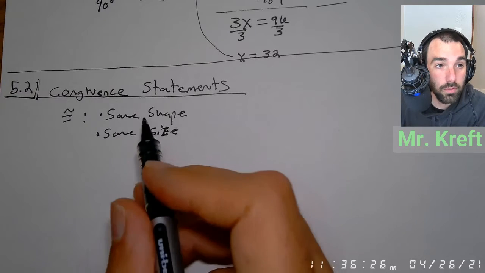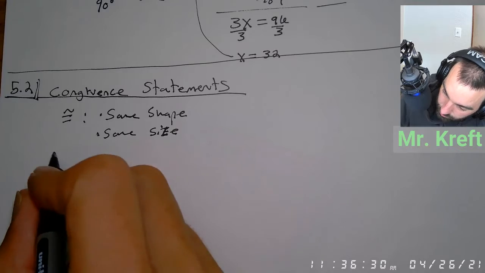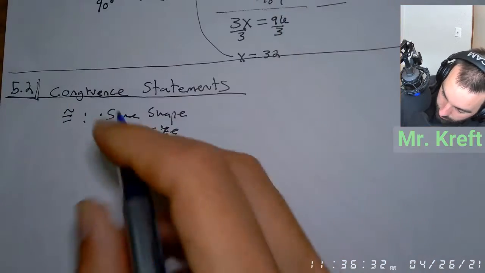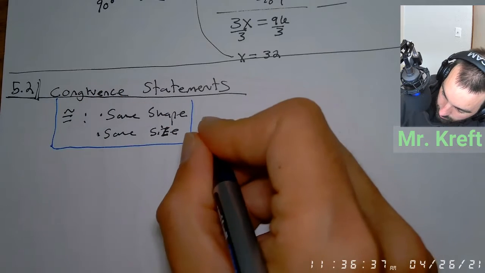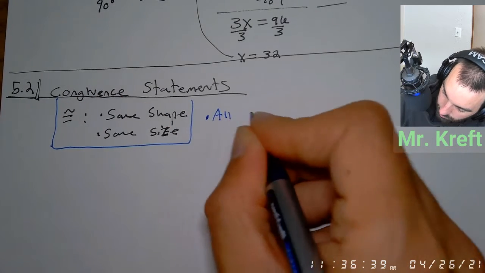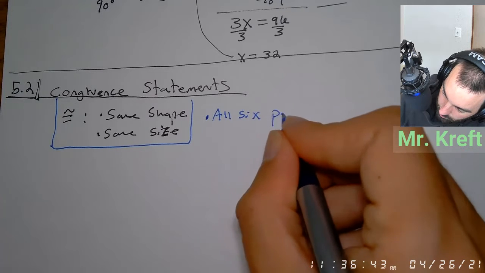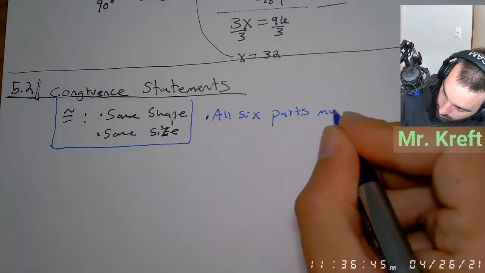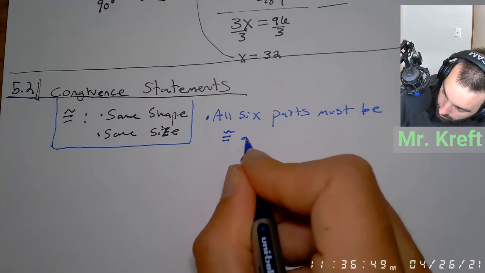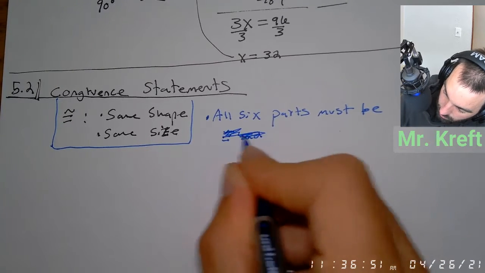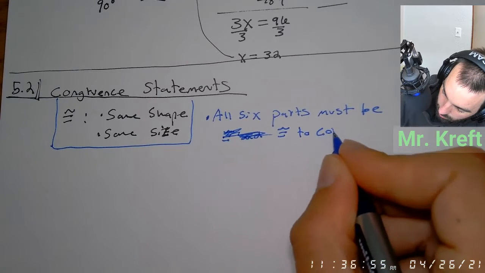So then when we're talking about congruent statements, all 6 parts must be congruent. I should say all 6 parts must be congruent to corresponding parts.